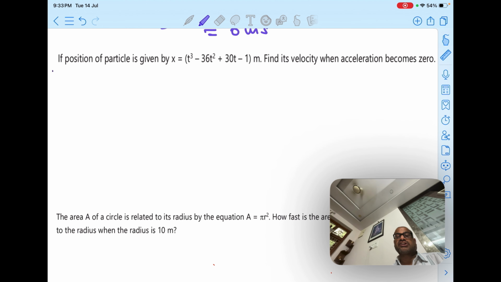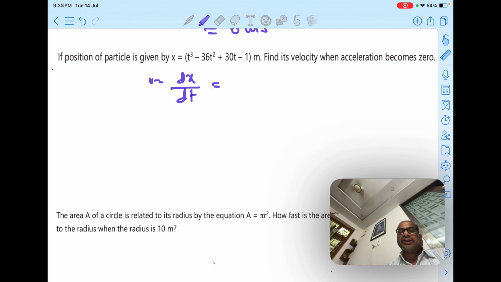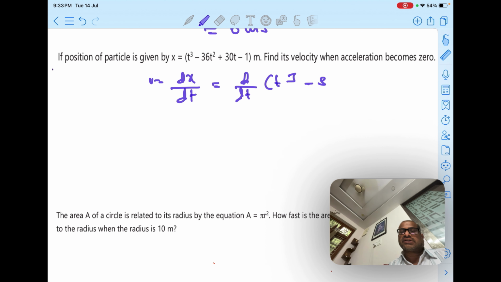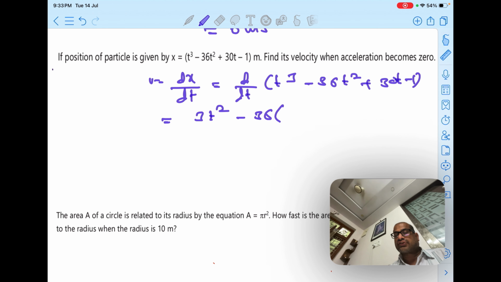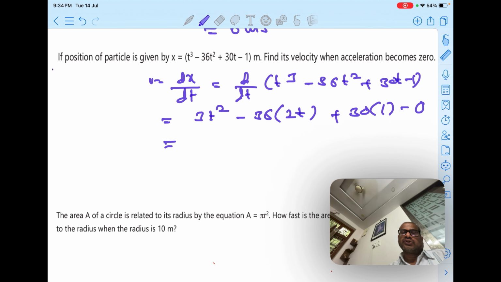Now next, if the position of a particle is given by t cube minus 36 t square plus 30t minus 1, find the velocity when acceleration becomes 0. First of all find the velocity: dx by dt, differentiate. d by dt of t cube is 3t square, minus 36 into d by dt of t square which is 2t, plus 30 into d by dt of t which is 1, minus 0.